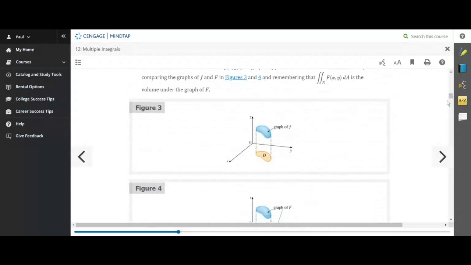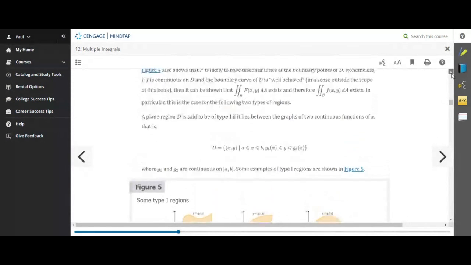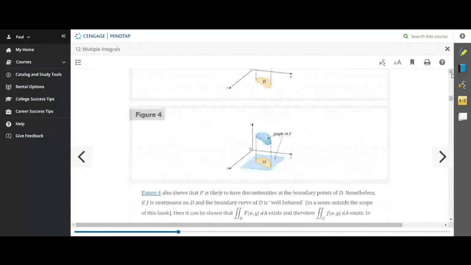You know the context: you have a surface, a function of x, y, and you are interested in finding the volume between that surface and the xy plane over some region D. Now, you notice in the picture here, the region D is not a rectangle.